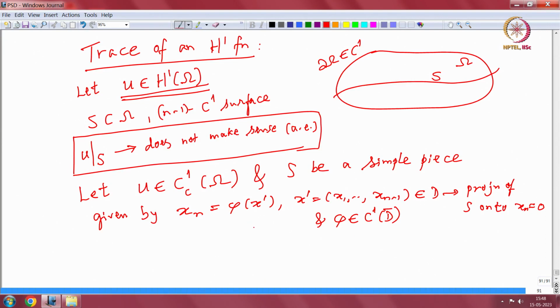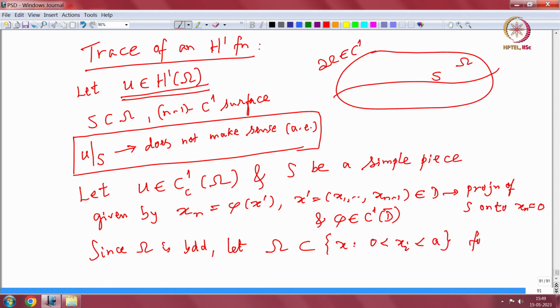And since omega is bounded, let omega sit in a cube, for some a positive.